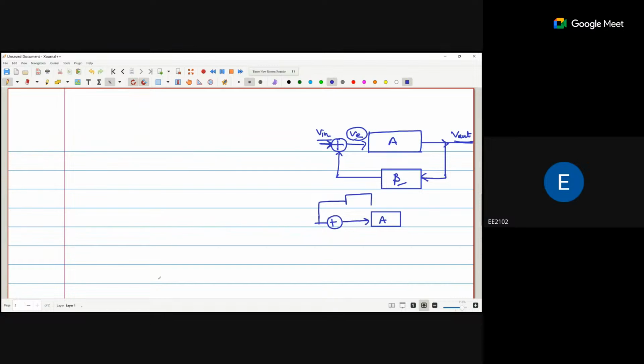We have the main path A, and another path B.